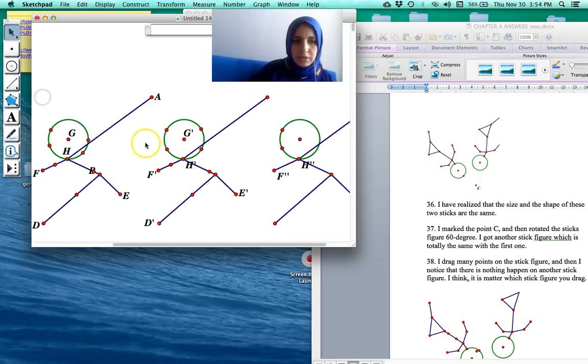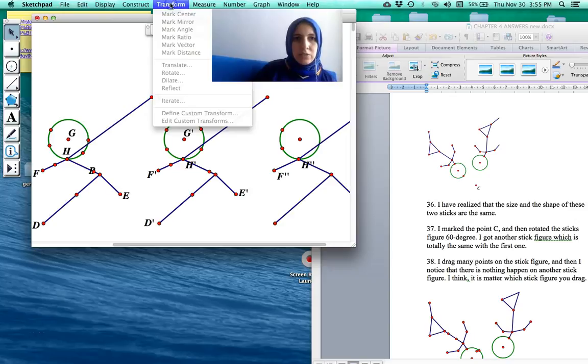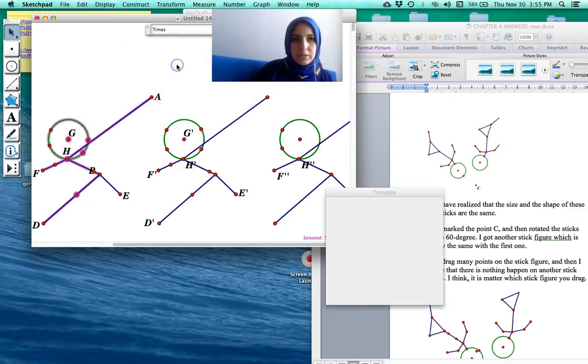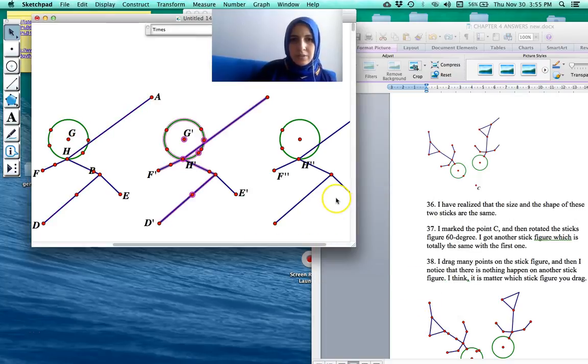This is the original stick figure, and then point A, I marked it, and then picked this one, and then translate. It translates to there. And point A, then point B, then I choose the mark vector, then translate. I see that there is another vector which is connecting with the segment AB.